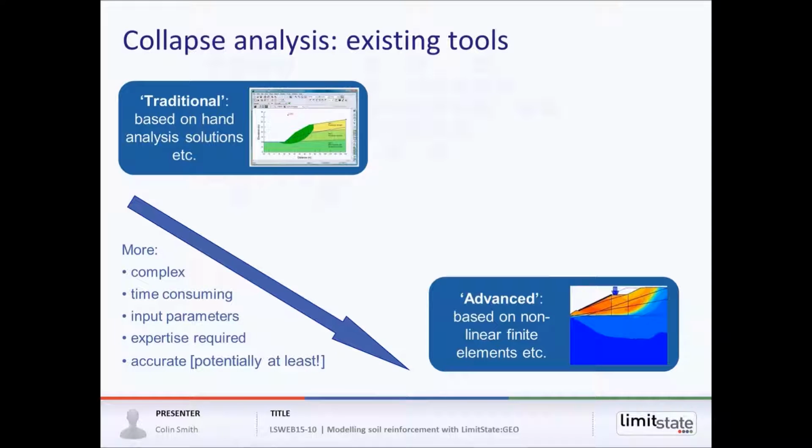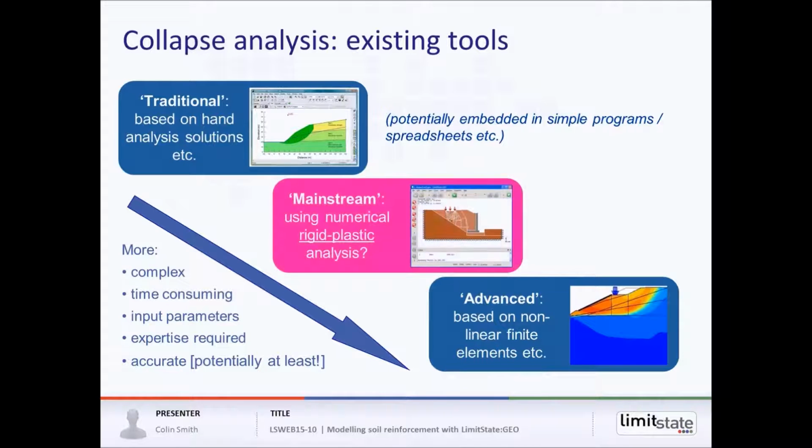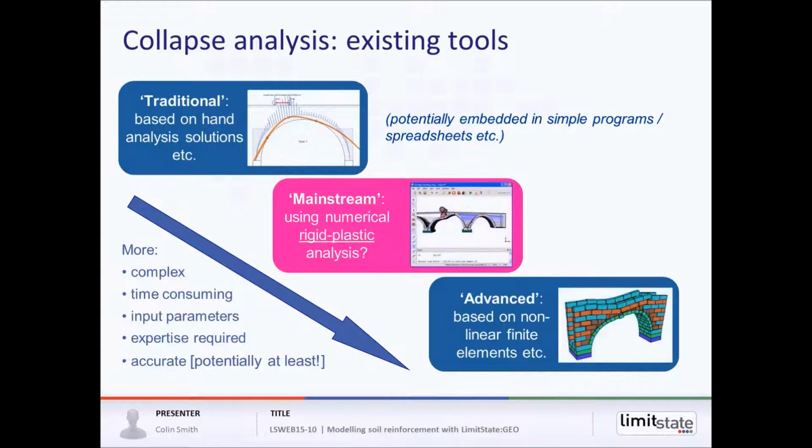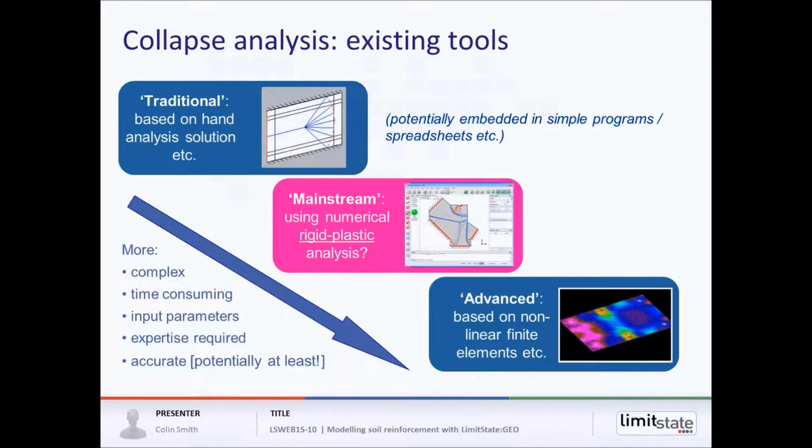There's a gap between these 2 tools, and we feel filling the gap is computational limit analysis. Now, this provides the geometry flexibility of finite elements with the ease of use and simplicity of the traditional methods. The only parameters you require are cohesion, friction, and self-weight, essentially, of soils. And this is what LimitState GEO provides. Similar approach can be used in other engineering applications, such as arch bridges and concrete slab analysis.